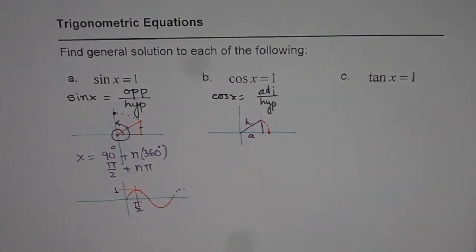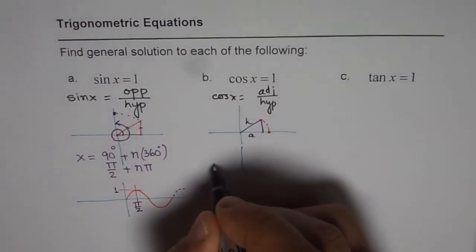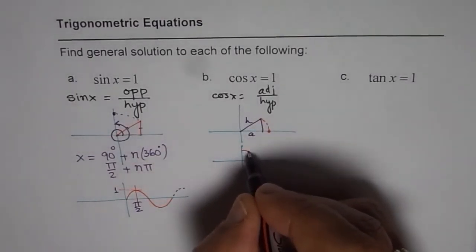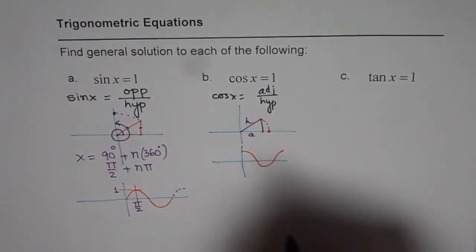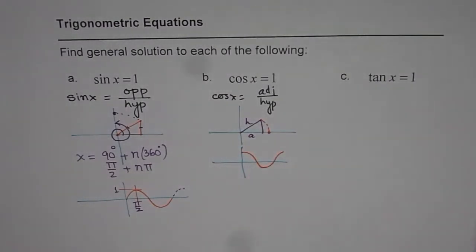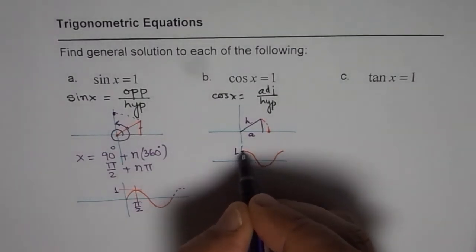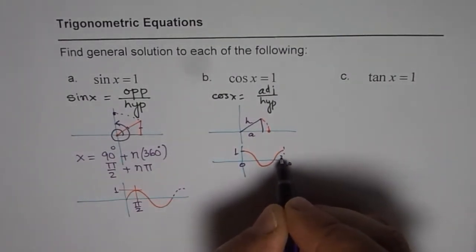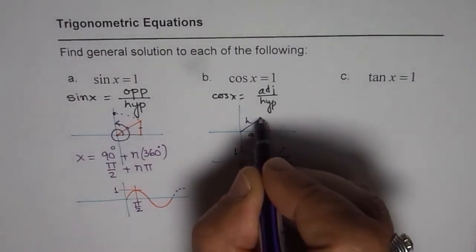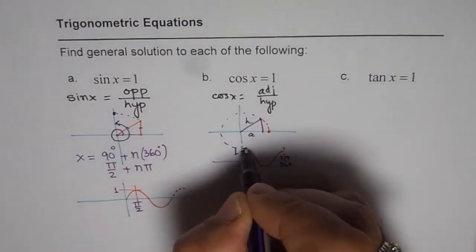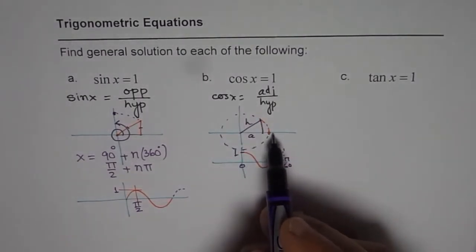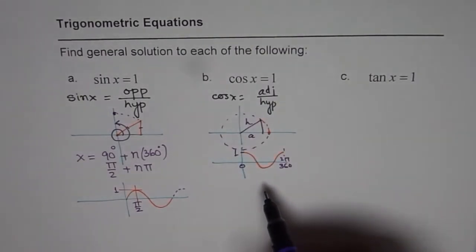The other way is to look into the graph of cosine x, correct? The graph of cosine x is kind of like this. From the graph also, you can find that cos x is 1 at 0 and at 360 degrees, or 2 pi at the end of the cycle. That means when it completes the rotation. Do you see that? So after every cycle, cos x will be 1, right?